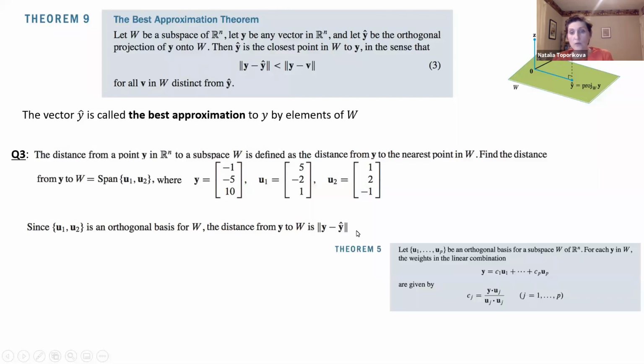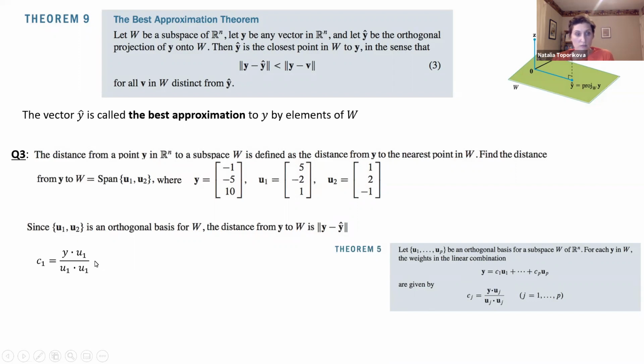We will use the result from Theorem 5, the orthogonal basis theorem, so you should be comfortable now with how to expand vector y along the given orthogonal basis. All we have to do is find the appropriate weights c1 and c2.